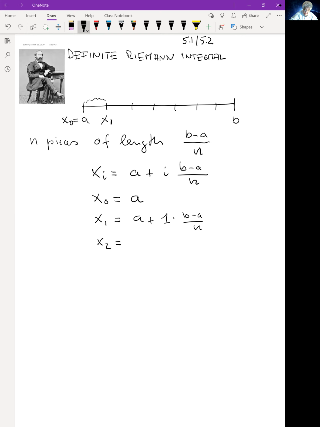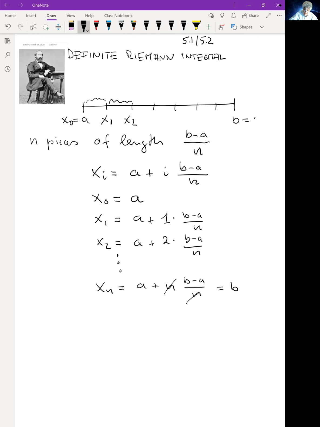x2 is a plus 2 times b minus a over n. So I go 2 times b minus a over n to the right, then here at x2. And then I continue this way, then xn is a plus n times b minus a over n, but then the n cancels, and a plus b minus a is b.